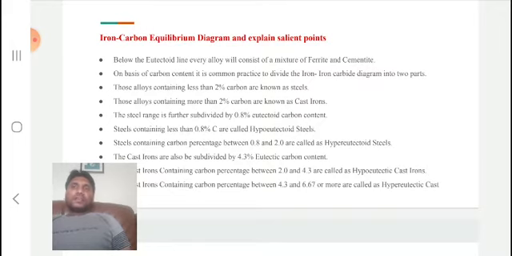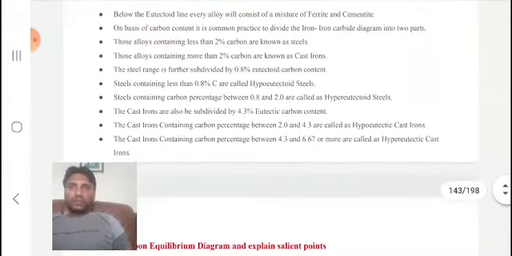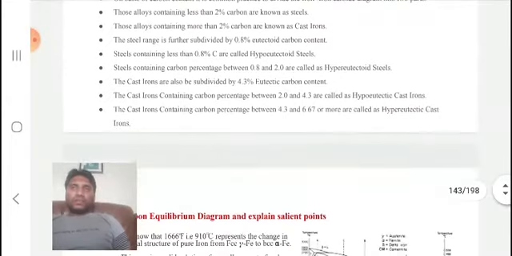Steels containing less than 0.8% carbon are called hypoeutectoid steels. Steels containing carbon percentage between 0.8 and 2% are called hypereutectoid steels. The cast irons are also subdivided by the eutectic point, that is 4.3% eutectic carbon content.